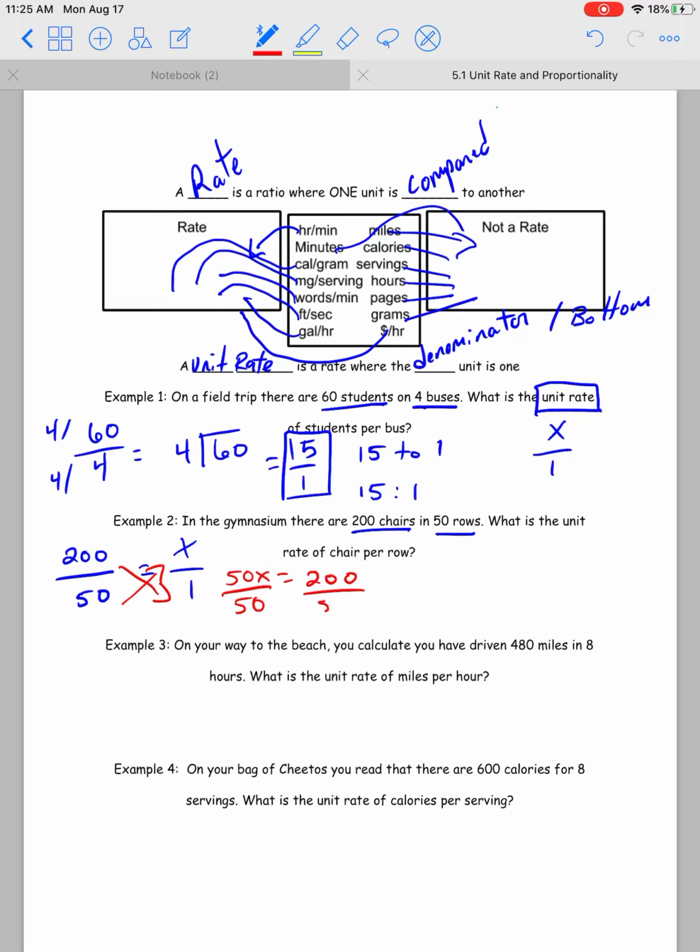If you divide both sides by 50, you're left with x is equal to 4. That is 4 chairs to 1 row. So you have 4 over 1, or 4 to 1, or 4 colon 1. That would be your unit rate.